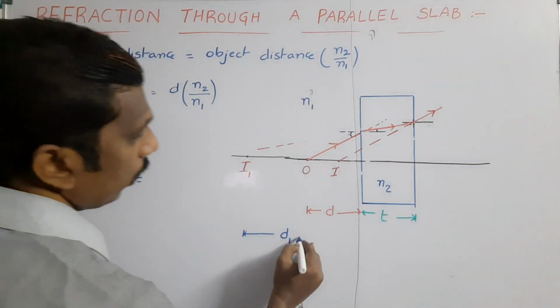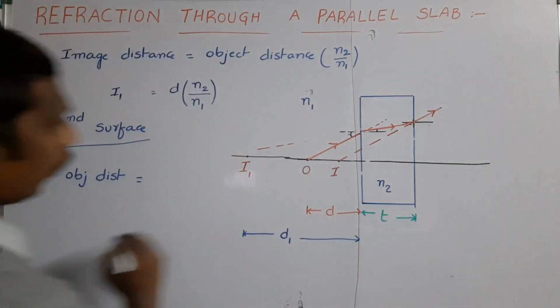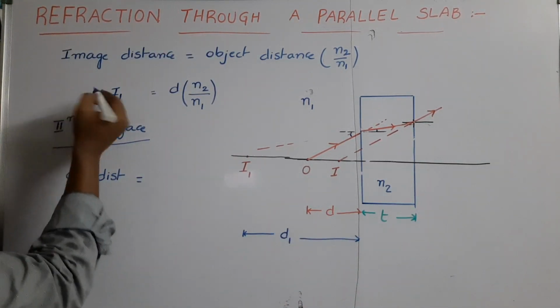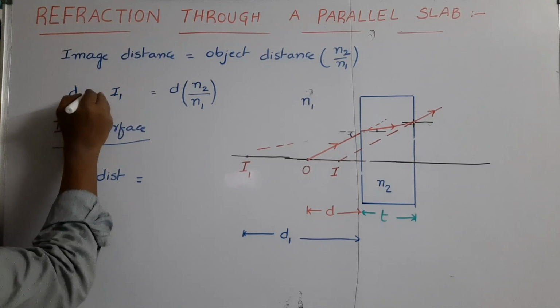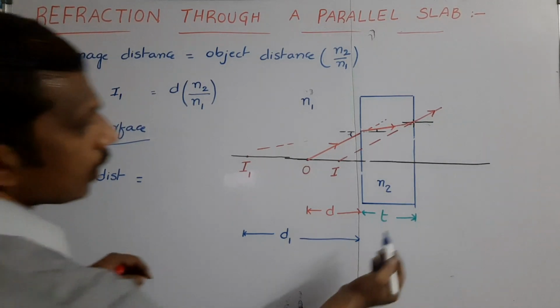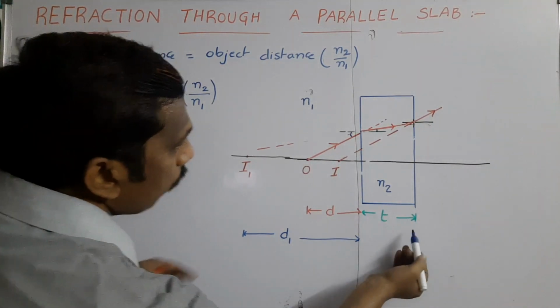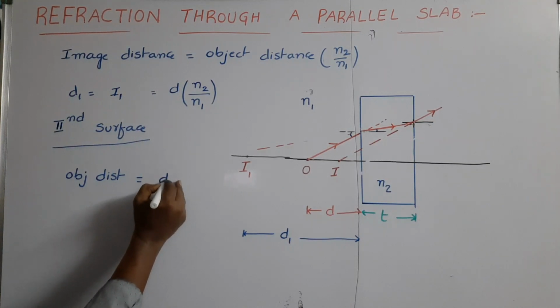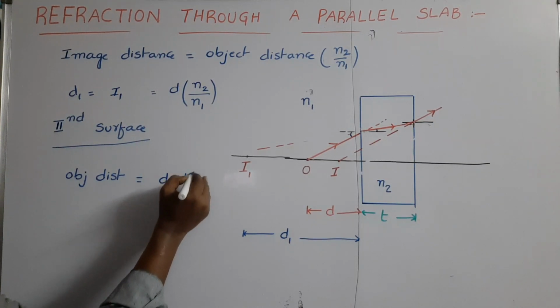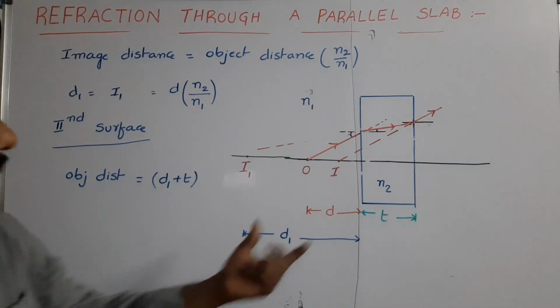If you take I1 is equal to D1, then the object distance for the second surface is equal to D1 plus T.